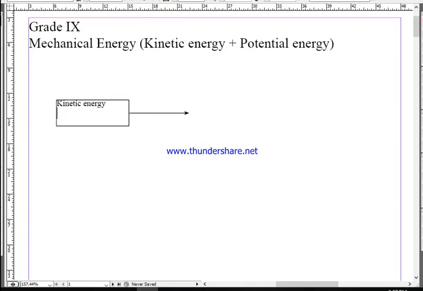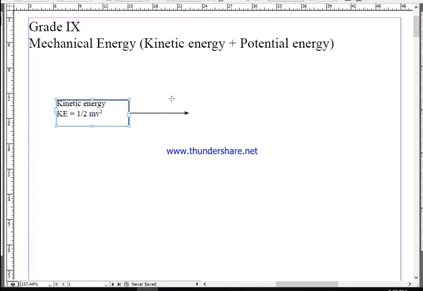And you know the formula of kinetic energy: it equals half of m into v square. Kinetic energy is a function of mass and velocity. An increase in mass increases kinetic energy in a linear fashion, whereas an increase in velocity increases kinetic energy with a square function. That means if velocity is increased by 2 times, kinetic energy increases by 4 times.